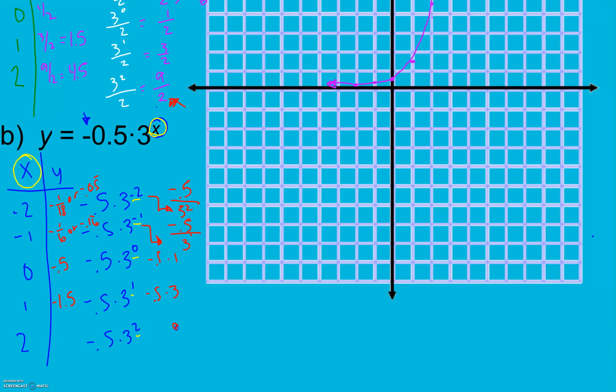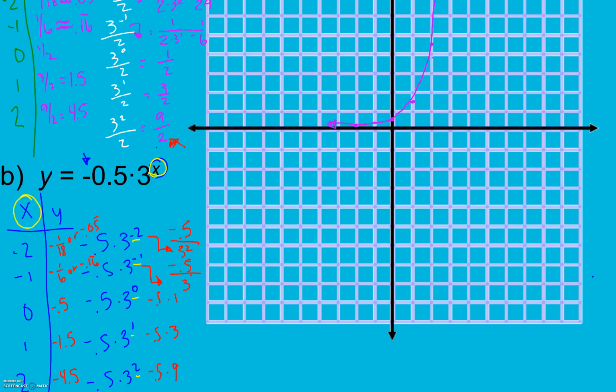And 3 squared is 9, times -0.5 gives me -4.5. So again, the only difference between my values is that these are all negative instead of positive, and that's because our negative is on our 0.5 and we multiply last there.